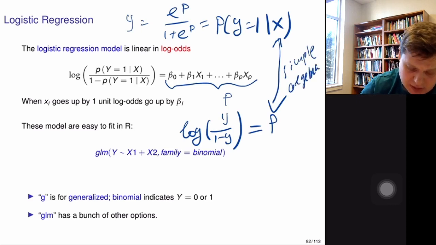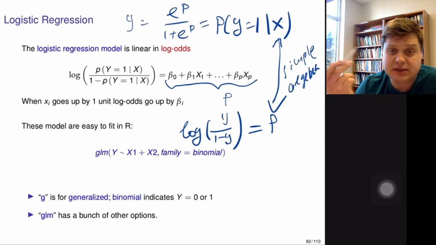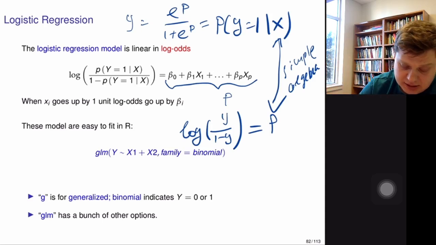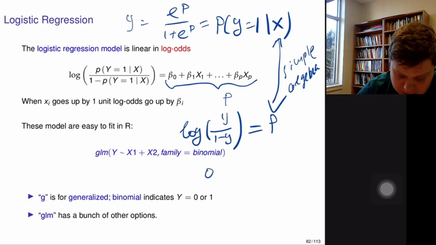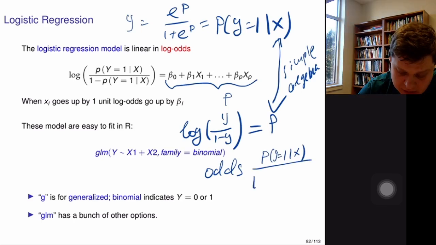Now this gives a slightly different interpretation. It tells us that this value p, which is just a linear combination of the predictors, is the log odds. Remember that odds is the probability of something happening, in our case the probability y equals 1 given x, divided by 1 minus that probability, the probability of it not happening.